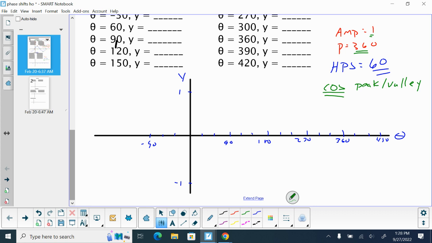Yesterday, when we talked about our cosine curve, we just started at the peak, which would be at our value of 0, going up to the value of 1. But now, since our horizontal phase shift is 60 degrees, we're going to move over to 60 degrees and go up to our value of 1. This horizontal phase shift I will also call our theta start value.